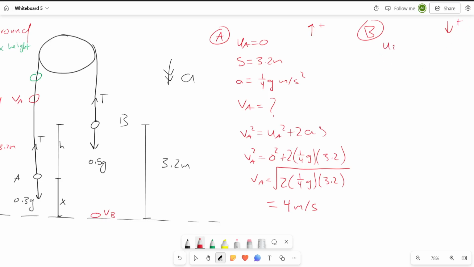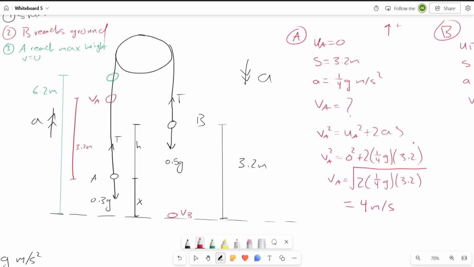So we know that UB equals 0. S is 3.2 meters down, and down is positive, so it's positive. A equals 1 over 4 g meter per second squared, and VB equals this. I'm using the exact same numbers, so it's going to give me a VB of 4 meters per second as well.